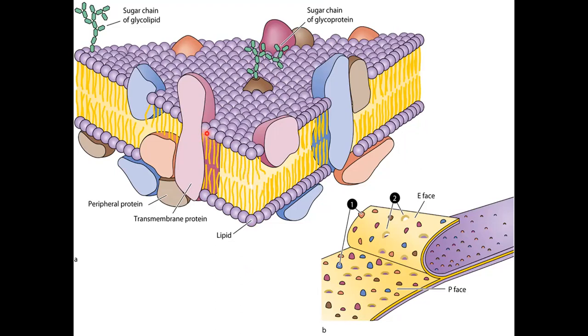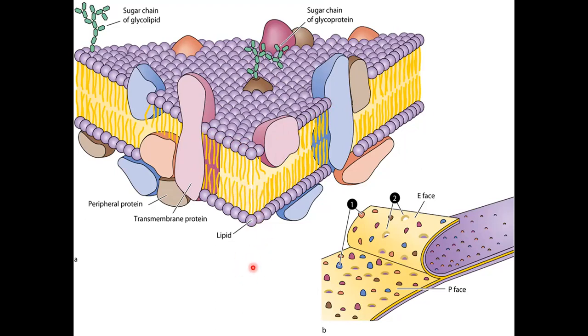So already this creates a semi-permeable barrier. There's this barrier here created by the tails of the outer layer. There's also another layer of semi-permeability created by the tails of the inner layer.